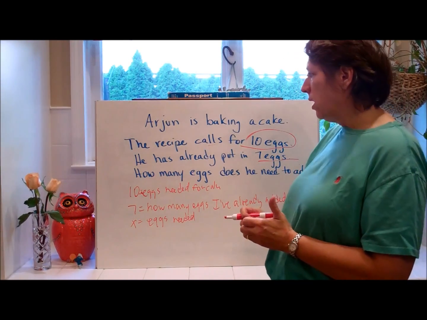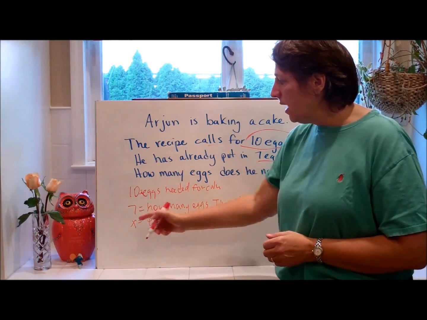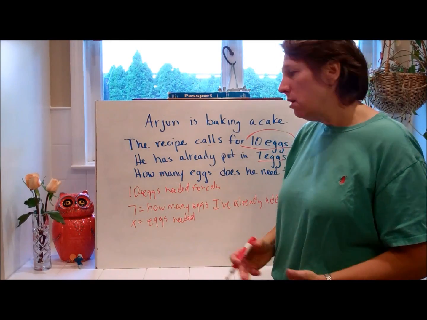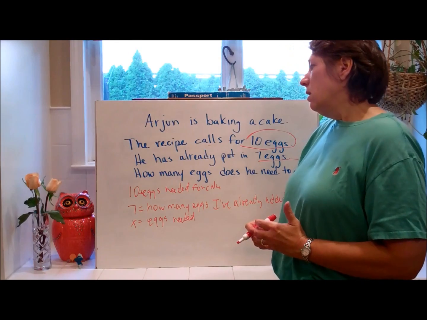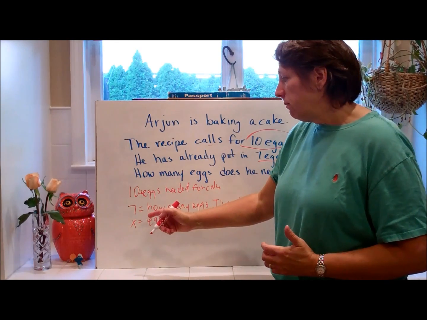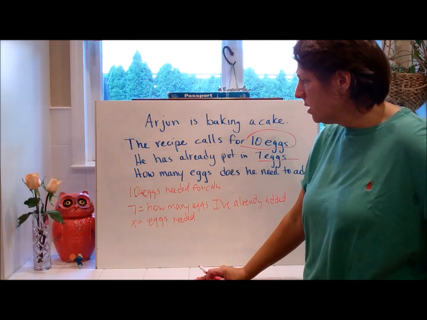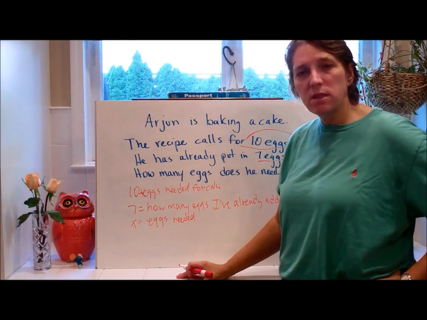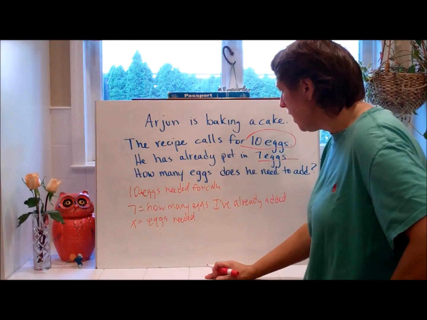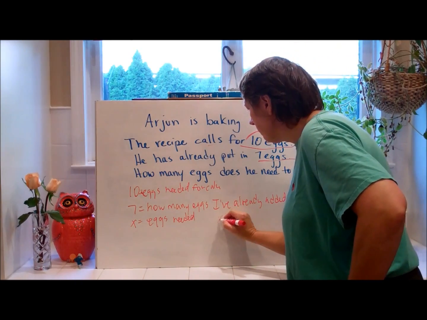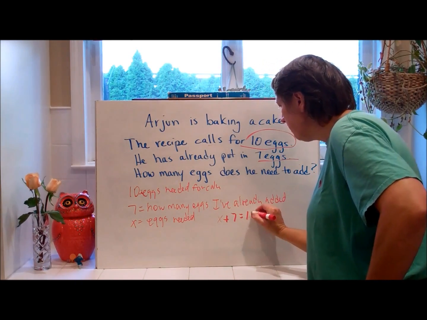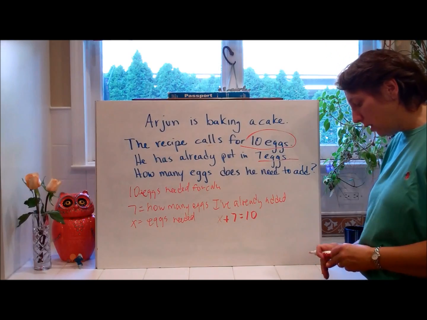So, I could do a couple of different things. I can say 10 minus x equals 7, or I can say x plus 7 equals 10. I'm going to say x plus 7 equals 10. Now that's the algebraic equation.